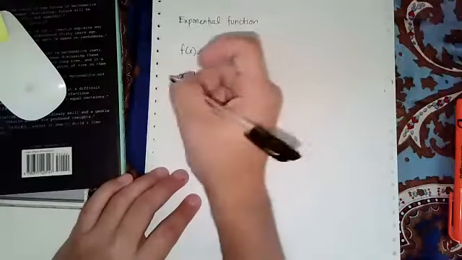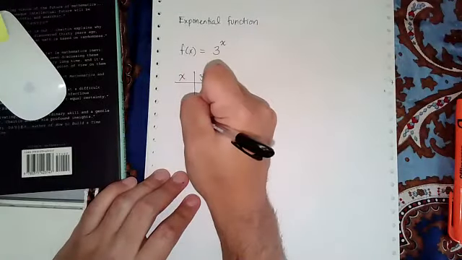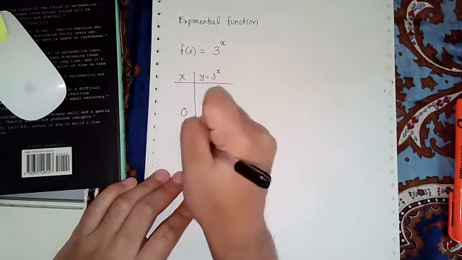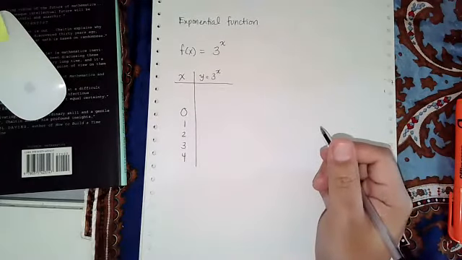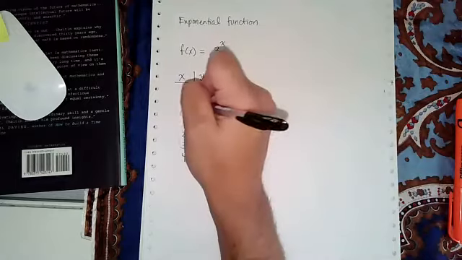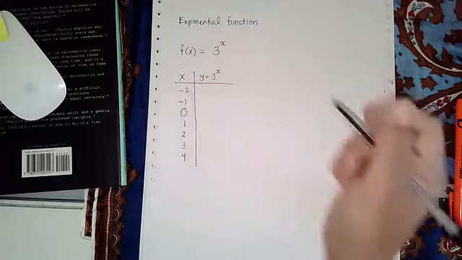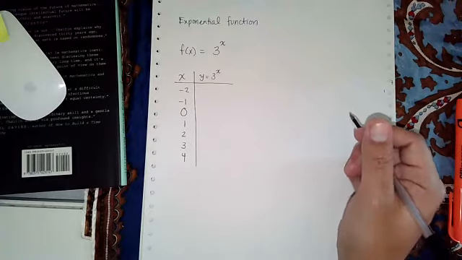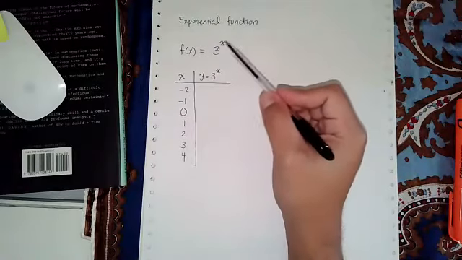So let's start off with a blank space here. I'm going to start off with the values 0, 1, 2, 3, and 4, just so we can get a feel of this function. And maybe I'm going to throw some negative numbers in here, like -1 and -2. Now for my example, my analogy breaks down, because it doesn't make any sense for me to get 0 people into the organization.